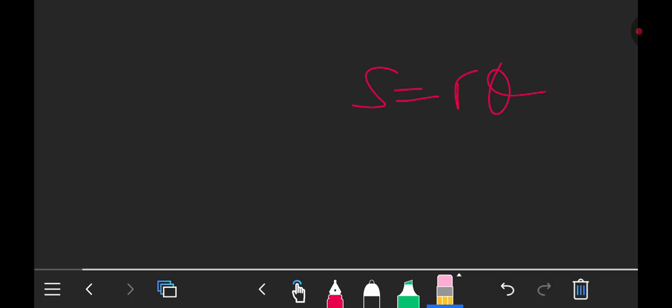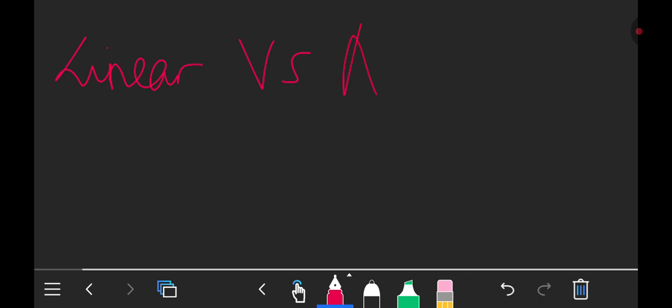So let's look at the relationship. I'll say linear versus angular, okay? Linear versus angular. So I just wrote this equation, which is arc length, or distance rather, is equal to radius multiplied by theta.